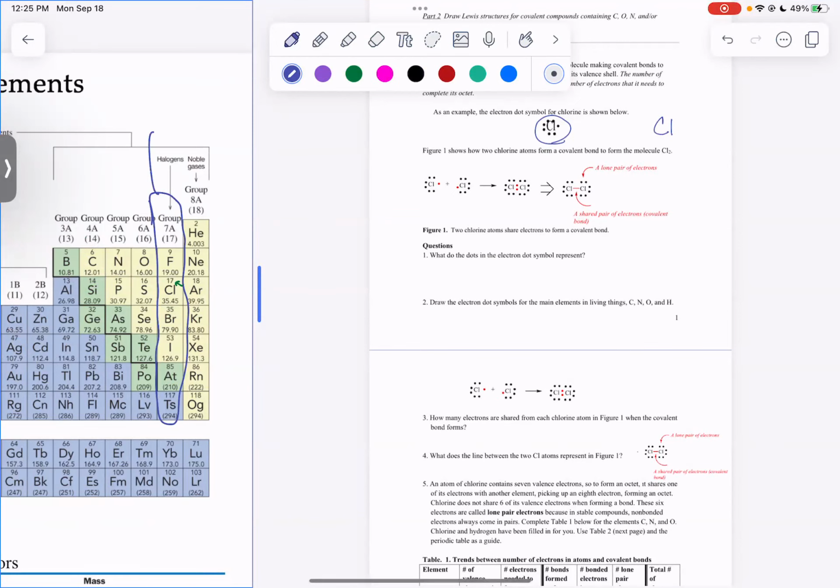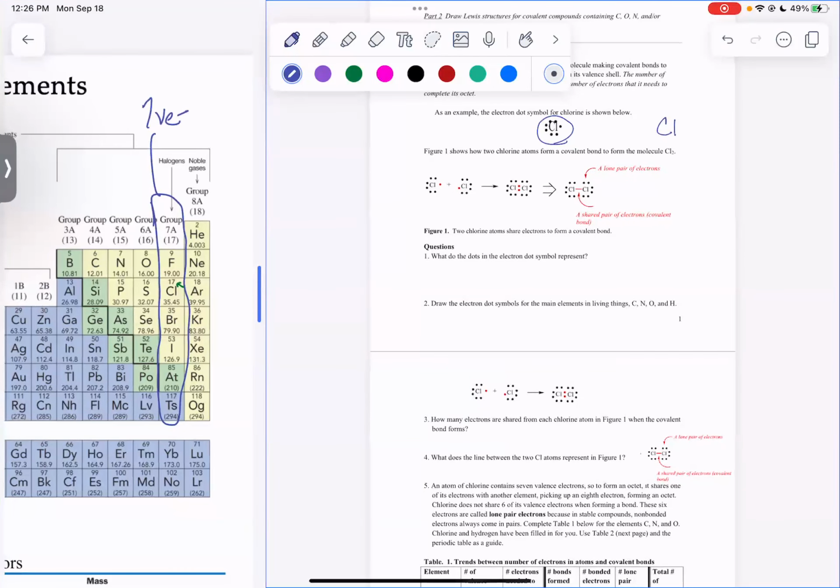So everybody who's in group 7A, we call them the halogens. These have 7 valence electrons. So what do the dots represent? They represent valence electrons. And when we draw them separately first, 1, 2, 3, 4, then we pair them, 5, 6, 7. So now I have 7 valence electrons around chlorine.